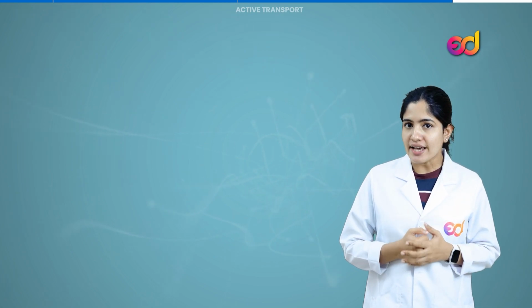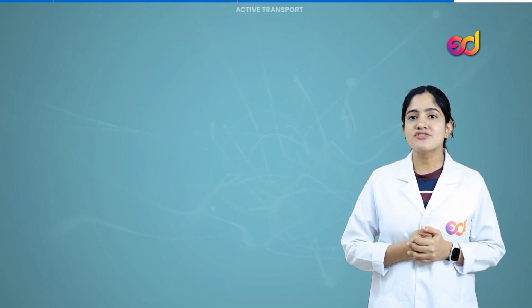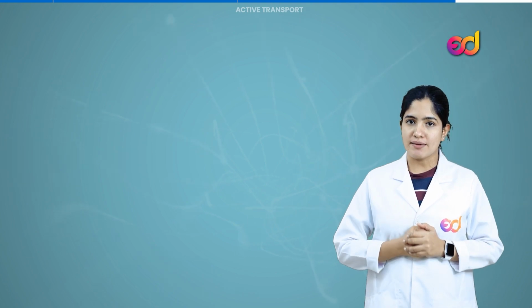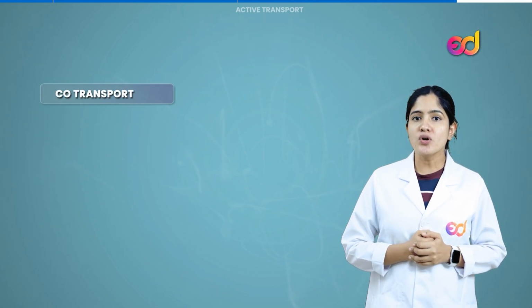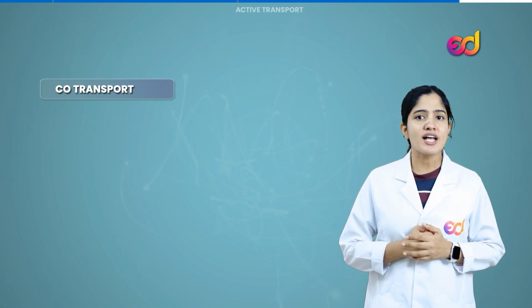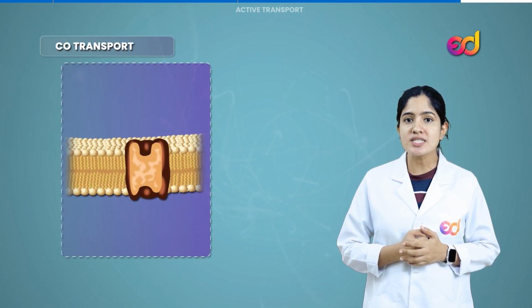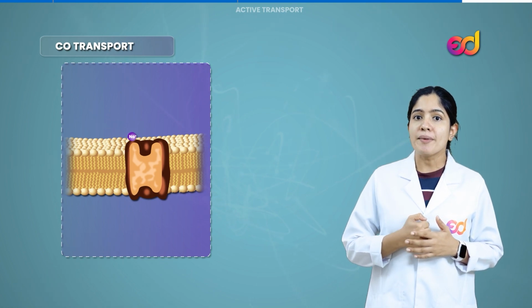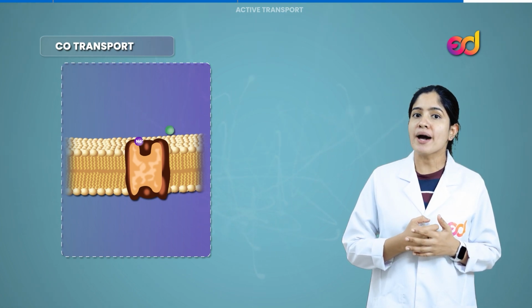And based on the direction, secondary active transport is of two types: co-transport and counter-transport.